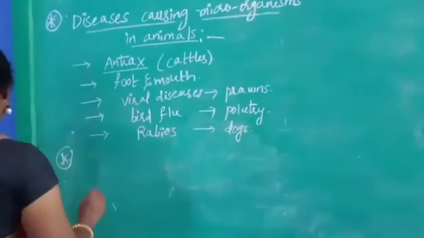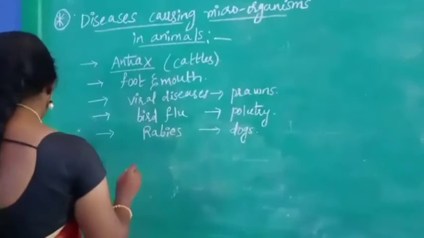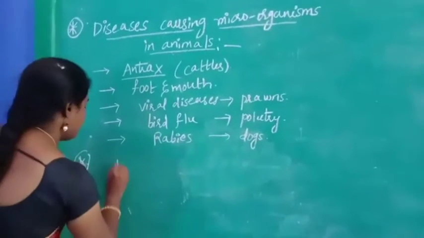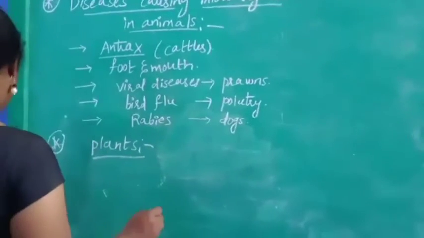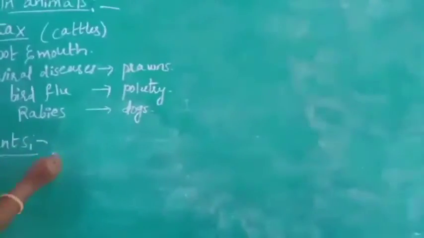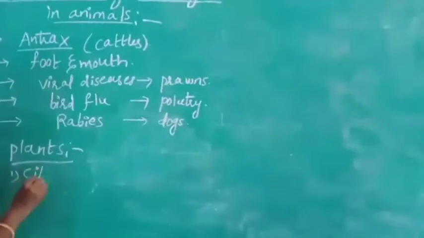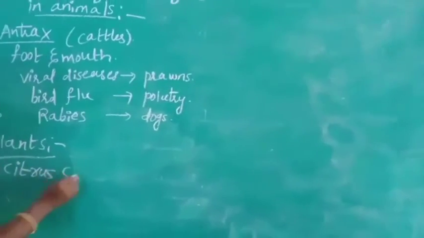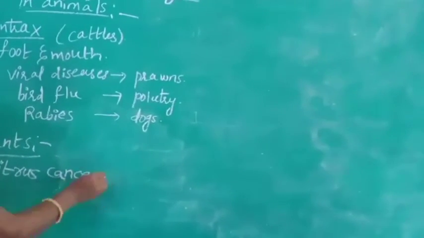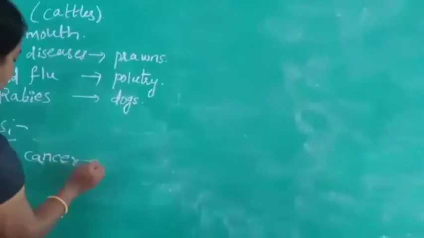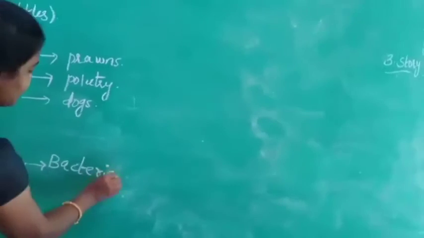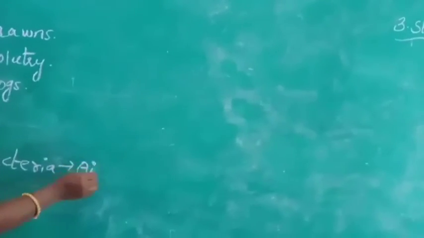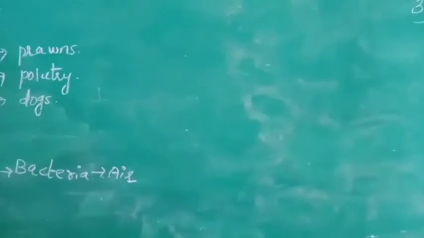Next, diseases caused in plants. What are the diseases we can observe in plants? First one, citrus canker, is a disease caused by bacteria, and it is transmitted through air.